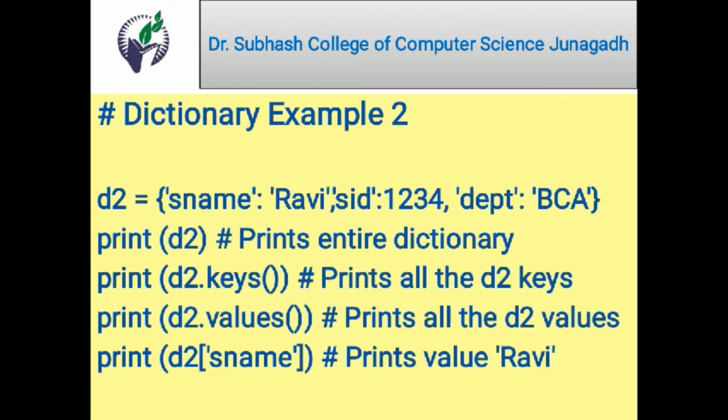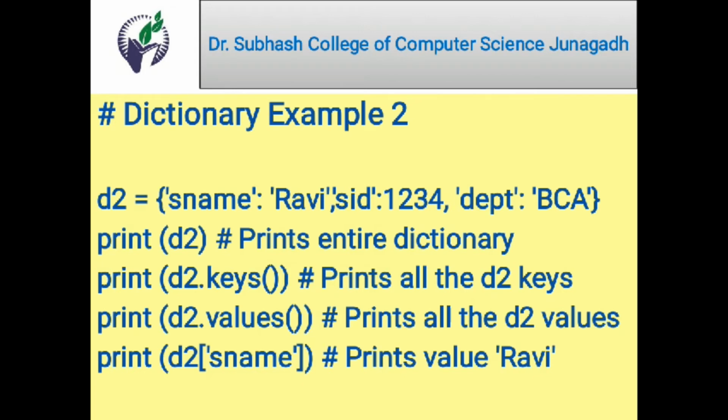It is possible. We can give not only a numeric value but almost any value that we have given here as a key value, unique value, string, number, whatever, and it will print the associated value, that is Ravi, that is associated with student name. So here output will be Ravi.